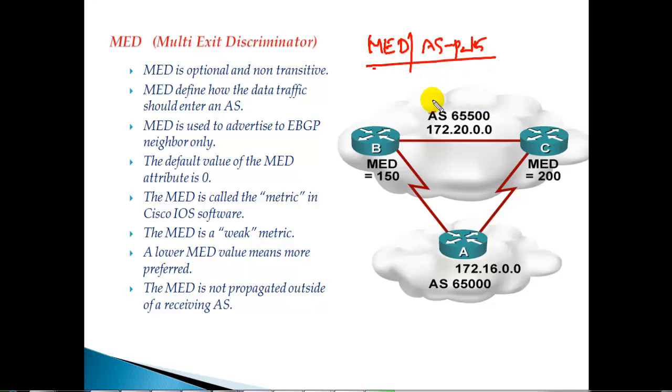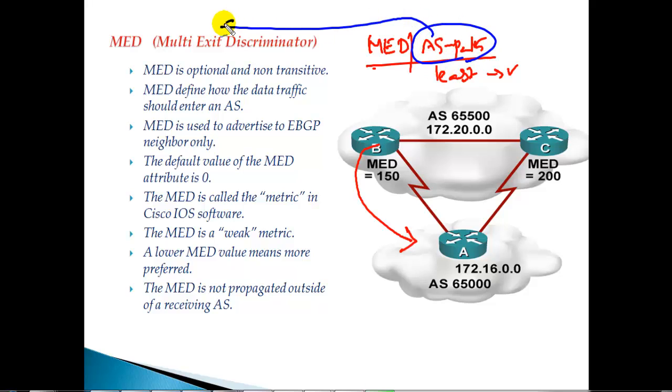The main reason is it's going to decide how the traffic should enter into our autonomous system number. And in both cases, lower value is more preferred. The only difference between these two attributes is that AS path information will be propagated to all the remote autonomous system numbers, but MED will be propagated only within that autonomous system number.